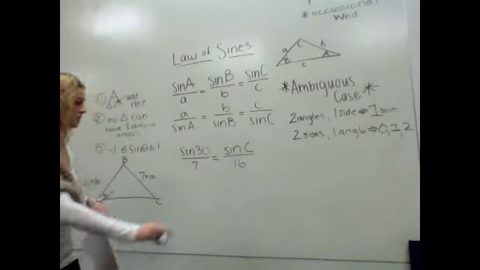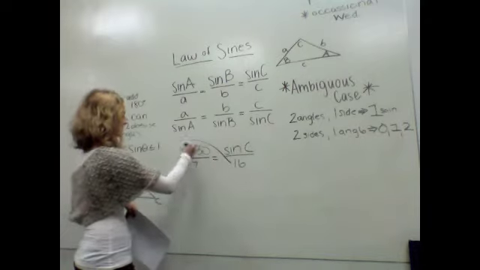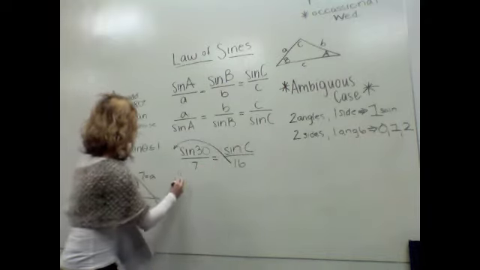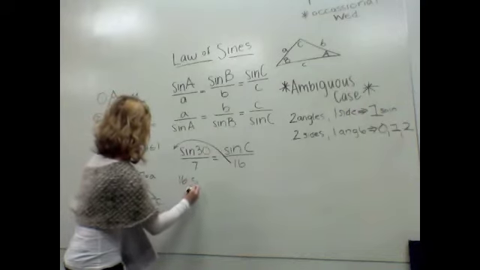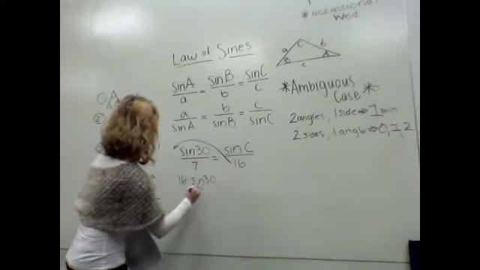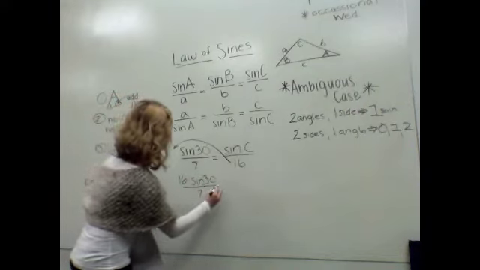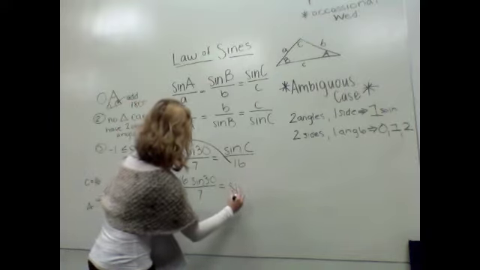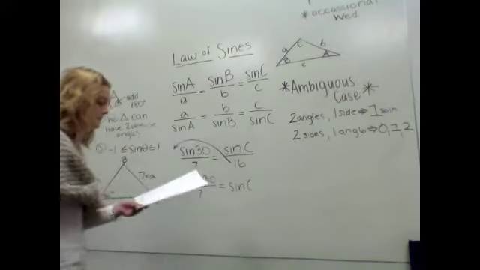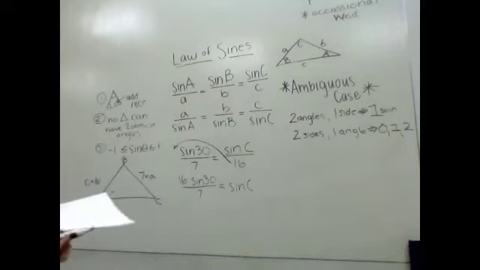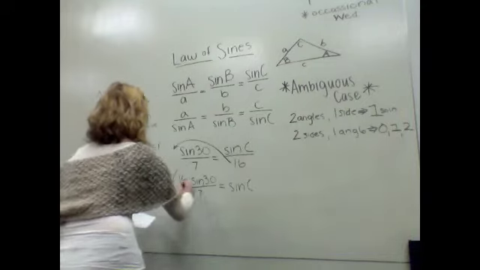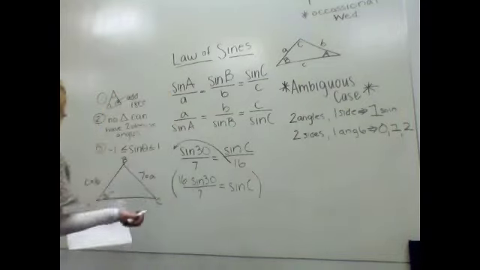But I'm first going to do a little bit of cross multiplication. I'm going to bring that 16 out front here. So we have 16 times sine of 30 all over 7. But that didn't completely isolate my variable. I'm still left with sine of angle C. To get inside that sine of C, I'm going to have to take the sine inverse of that side.